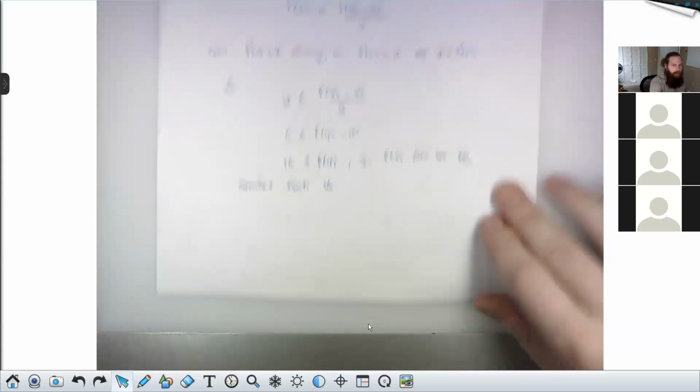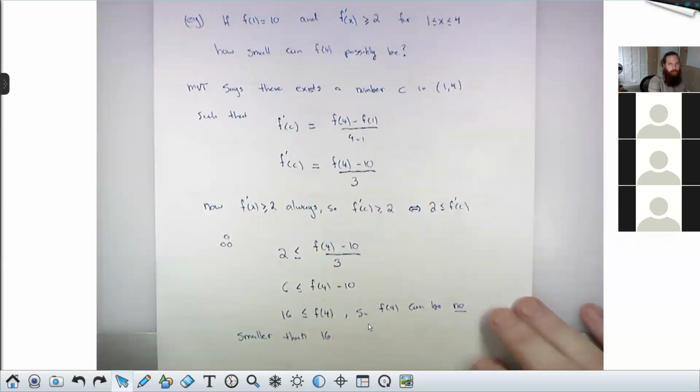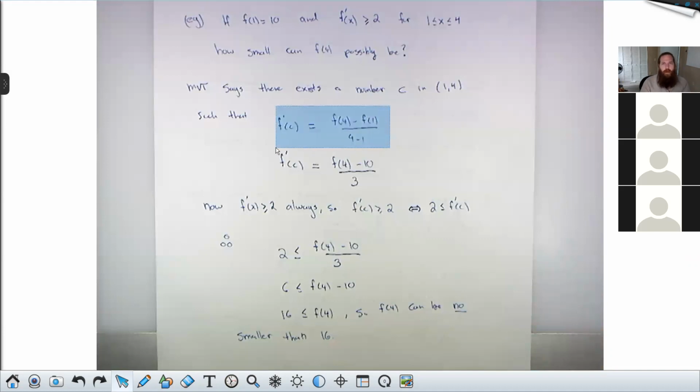So I'll bring this back again for anybody who needs more time to write something down. These are your two classic MVT problems. Either find the value of c guaranteed to exist by MVT, or use MVT to get an upper or lower bound on some function value based on some bound on the derivative.